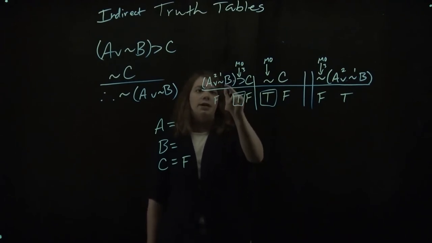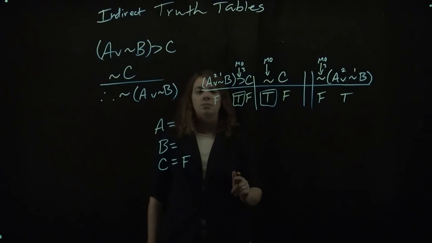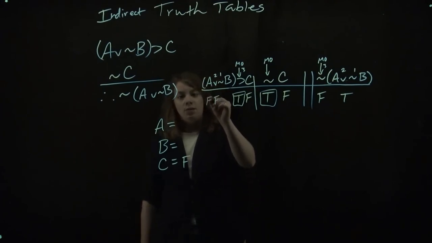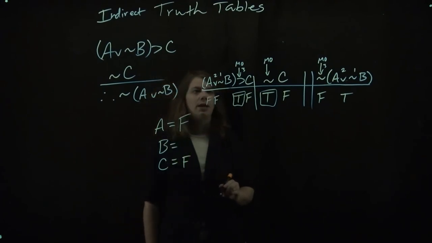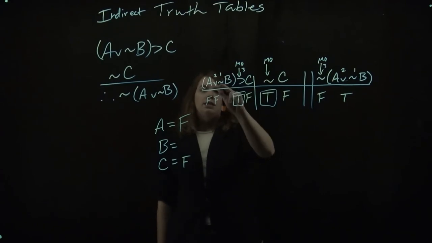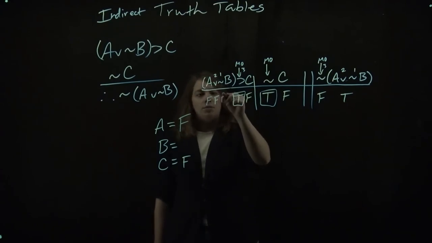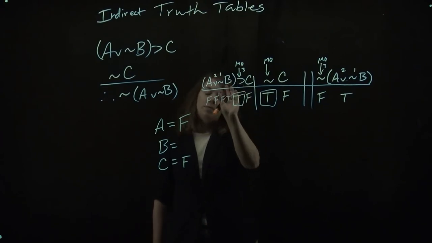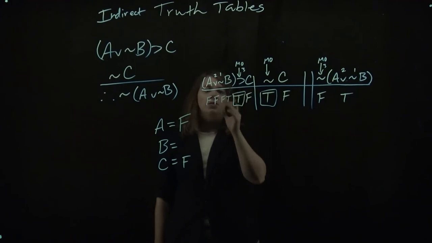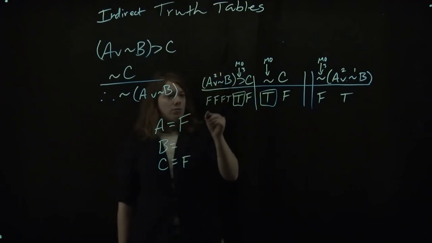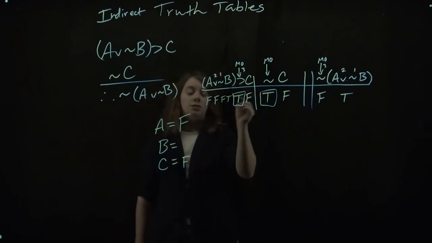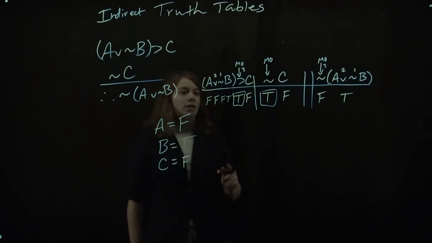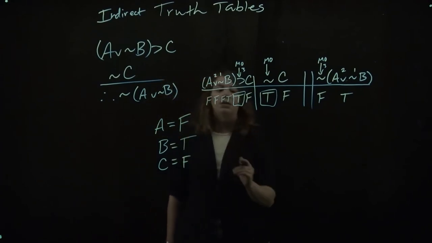Both disjuncts would have to be false. So in this case, A would have to be false, so there's our value for A. And not B would have to be false, because the initial value of B would have to be true and then made into the opposite by the tilde. So B has to be true initially in order for this disjunction to ultimately be false.